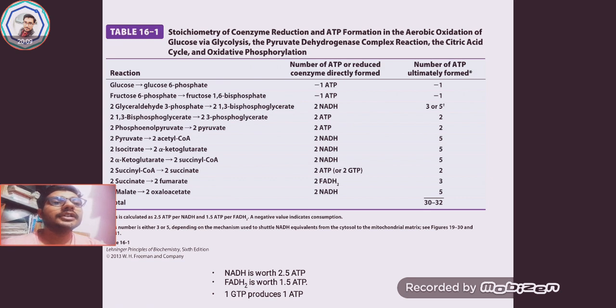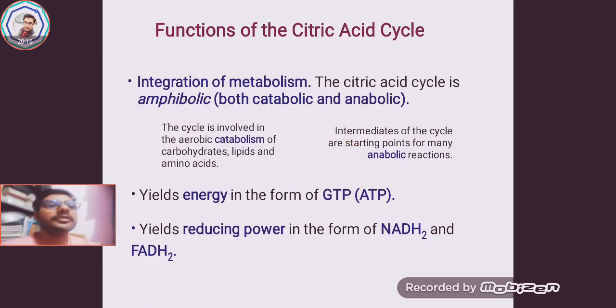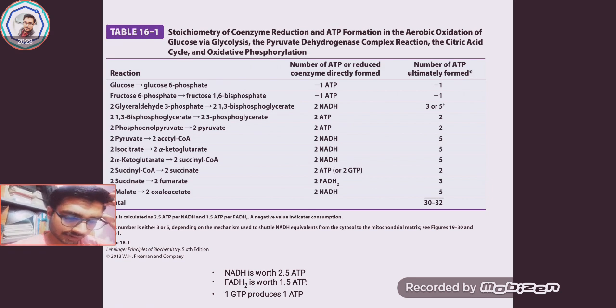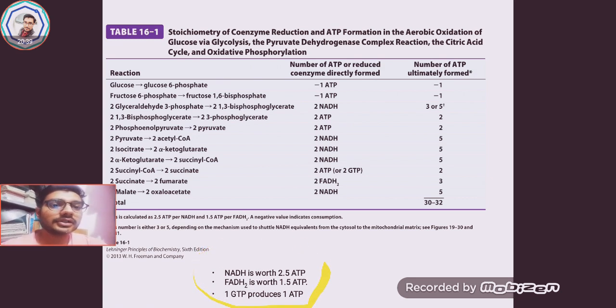Then further this energy is obtained. Here it is 5 because we are considering 2.5 ATP of energy per NADH. When we study the electron transport chain, there are complexes through which they pump hydrogen. Here I have mentioned how much ATP will be formed from one NADH, FADH2 and GTP.